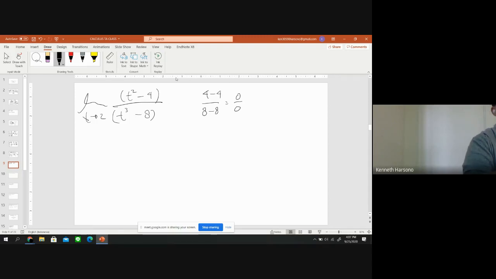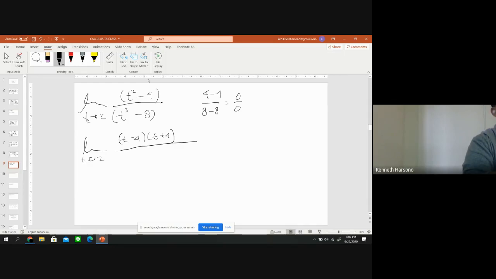For this problem, we can try to factor. The t squared minus 4 is easy, right? It's (t minus 2) and (t plus 2).